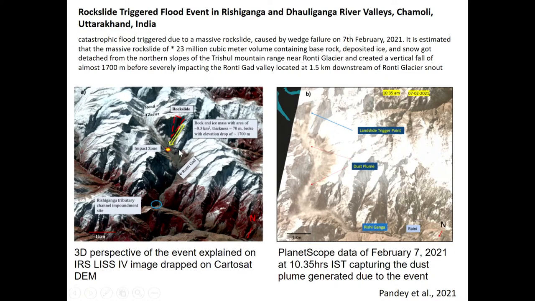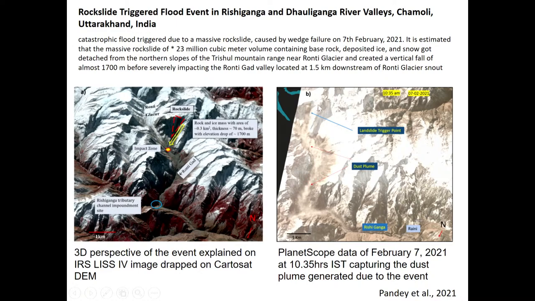Because of this, there was a huge discharge in the channel which destroyed many of the hydropower projects, and because of the deposit a lake has also formed in this region. Here you can see the PlanetScope image of the same day.